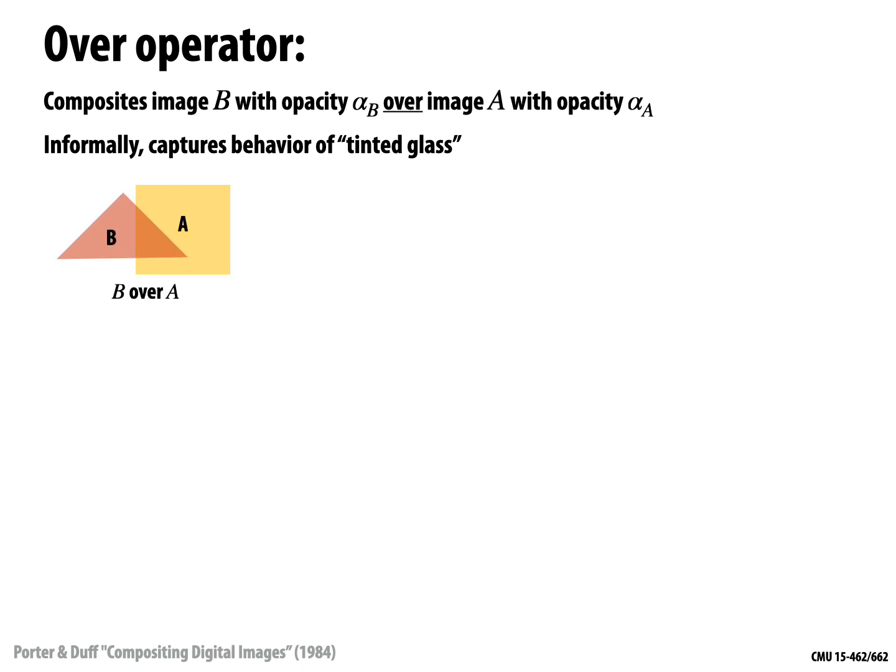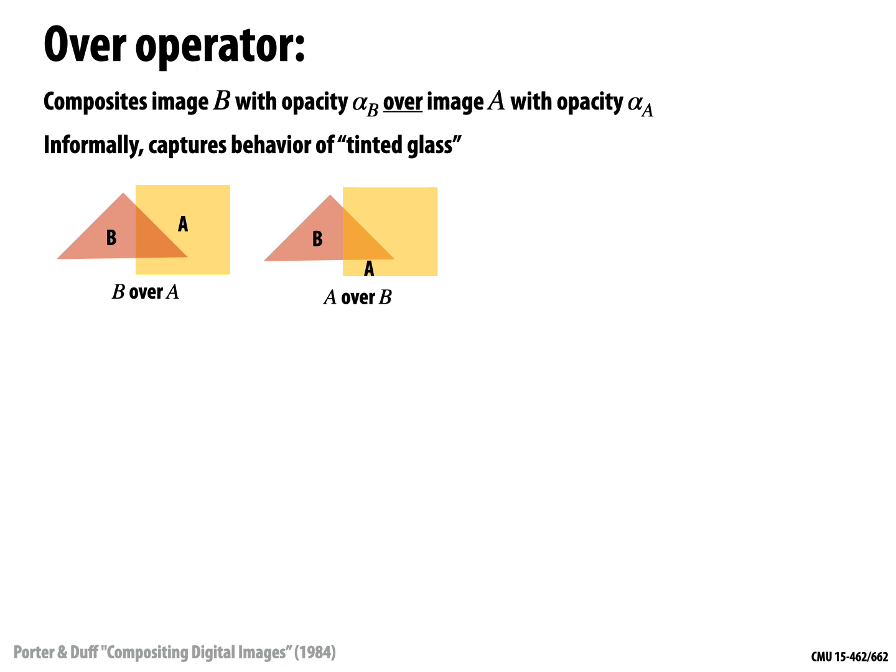If I blend B over A and B is red and A is yellow and B is mostly opaque, then the color I get is mostly red with a little bit of yellow showing through. Conversely, if I blend A over B, I'll get mostly yellow with a little bit of red showing through.